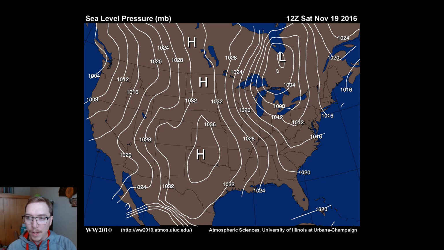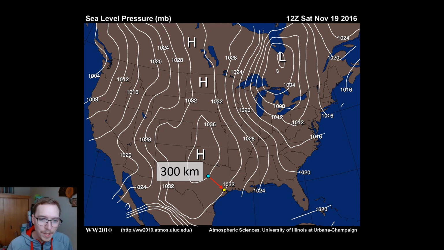So let's go ahead and look at the difference in horizontal pressure gradient force between these two points here. So going from 1036 millibars to 1032 millibars. That's a distance of about 300 kilometers. We typically look at this in meters, or we can use kilometers as well: 300,000 meters, 300 kilometers.